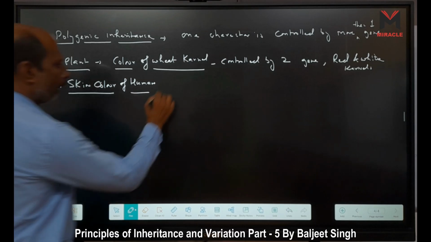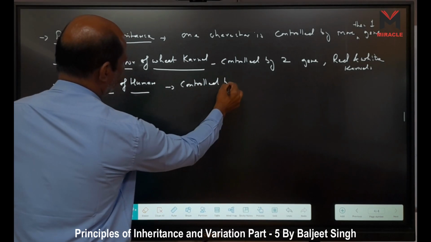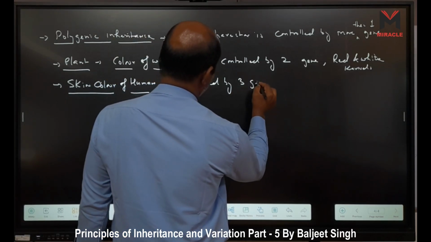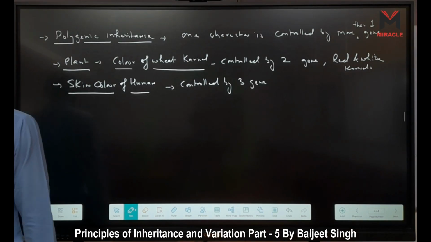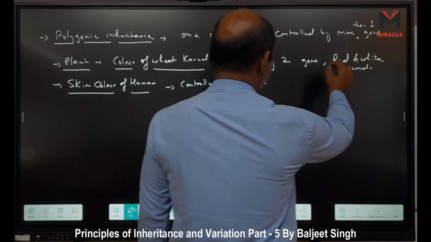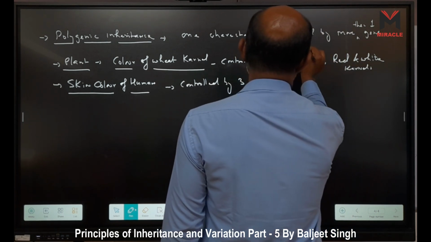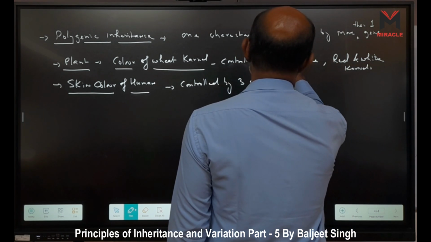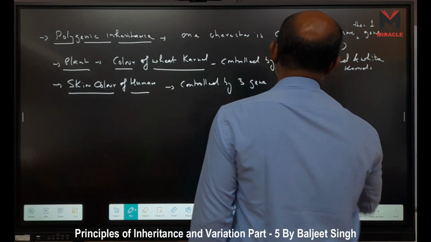Skin color of human is regulated by 3 genes, right? This one is 2 genes, meaning R and B, or small r, small b, right?